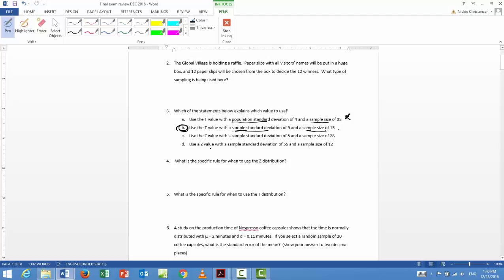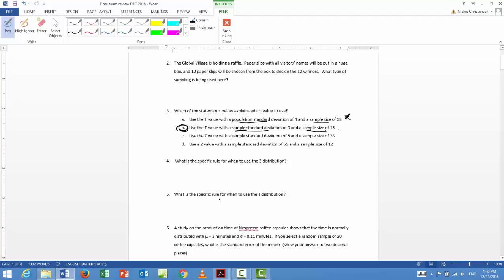Option D, use a z value with a sample standard deviation of 55 and a sample size of 12. Well, again, to use the z, we have to know sigma, we don't know sigma, or our sample size has to be 30 or greater. Okay, so again, it doesn't fit either of the rules for using the z distribution.